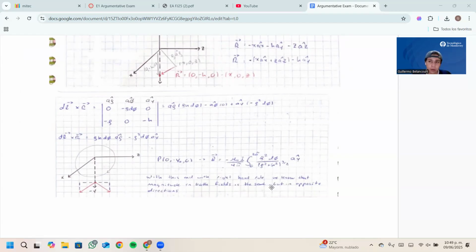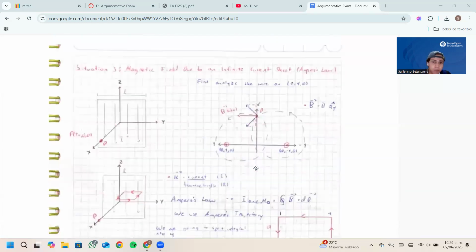We also know that these x components cancel out due to the high symmetry, and we only have one vector going in the negative direction. And with this formula and this right-hand rule, we know that the magnitude of the magnetic field at both points is the same, but they have opposite directions.